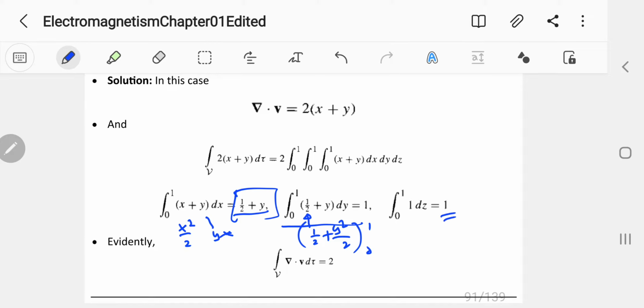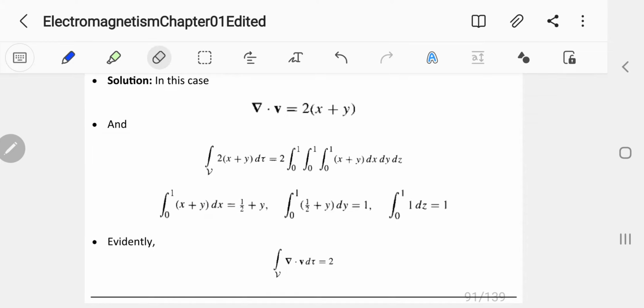So if you combine everything, you will have the integral of the divergence of v with respect to d tau is just equal to 2.